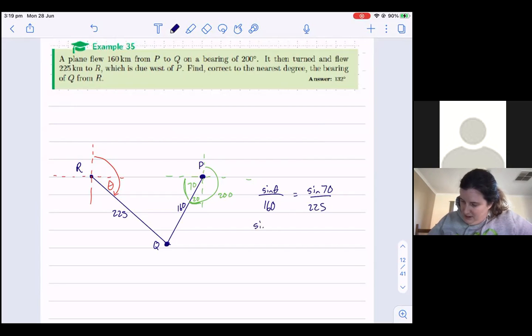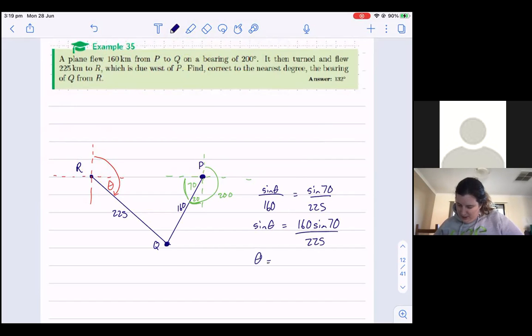So sine theta is 160 times sine 70 over 225. So we'll arcsine that to get theta. So arcsine 160 sine 70 on 225. So we get 41.93 degrees.